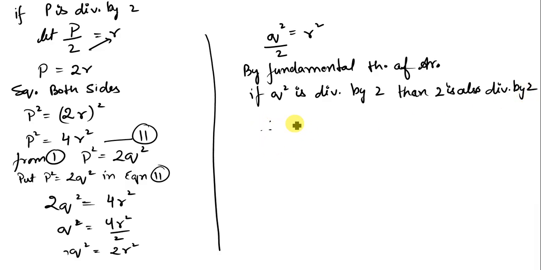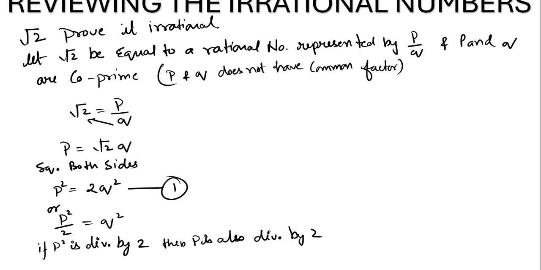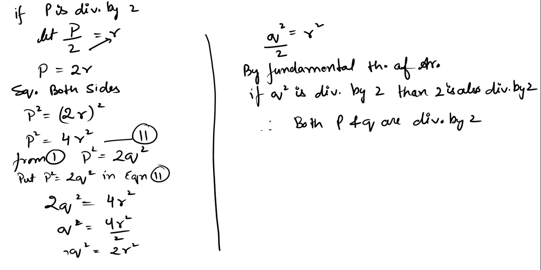Therefore both p and q are divisible by 2. As you can see here, q square is divisible by 2, so by the fundamental theorem of arithmetic, q is divisible by 2, and on the previous slide we already got that p square is divisible by 2, then p is also divisible by 2. So what happens now?